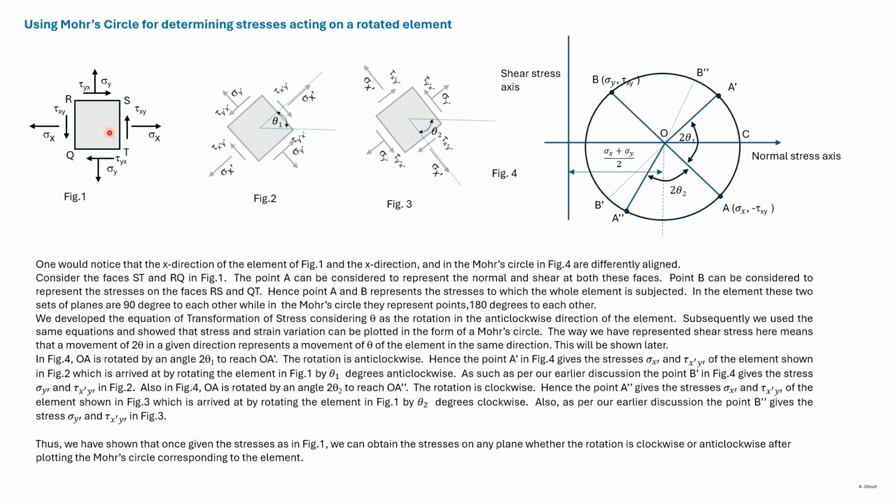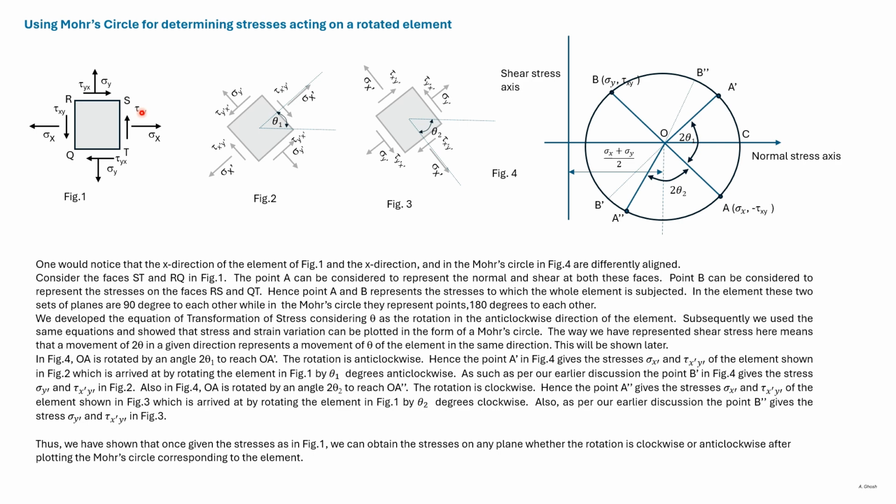You have to notice that the direction of x of the element and the direction of x in the Mohr circle do not correspond. Now consider that we rotate from the plane OA by the angle theta 1 in the counterclockwise direction and arrive at the plane OA dash.